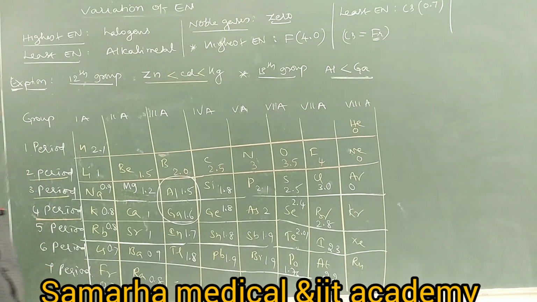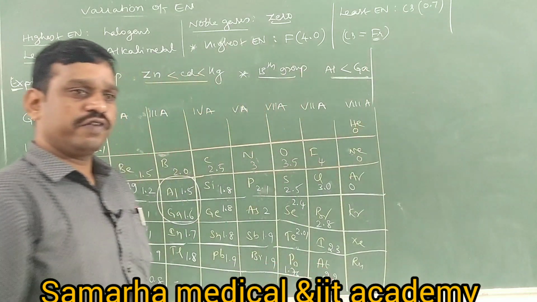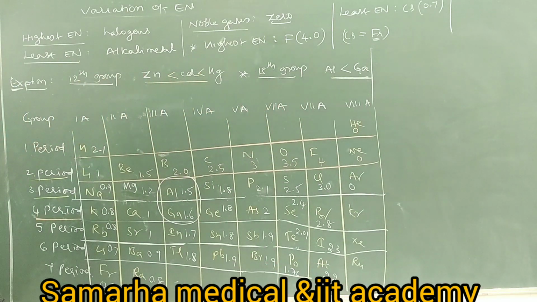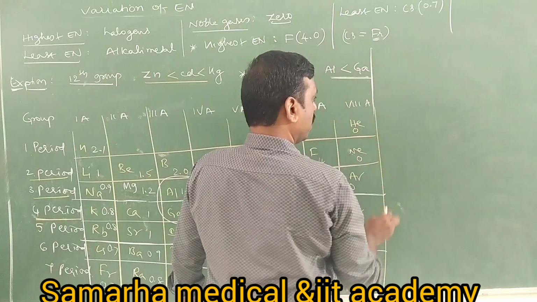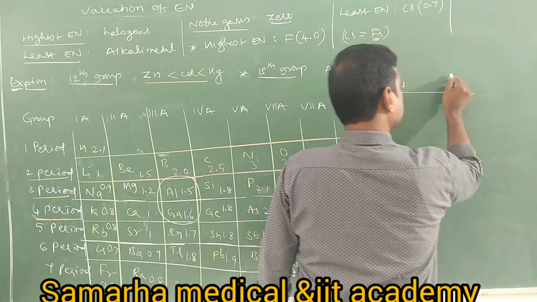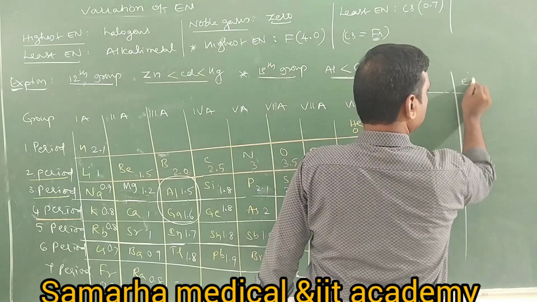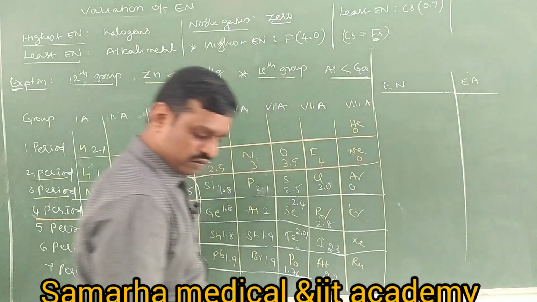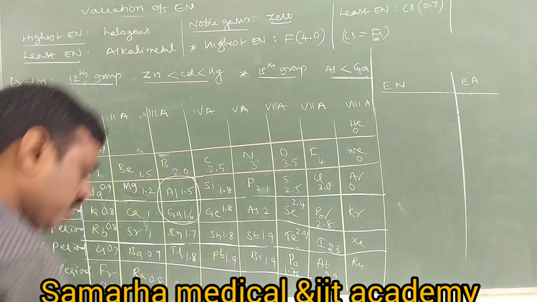Next, can you tell me the differences between electronegativity and electron affinity? We have studied both. What are the differences? The first difference: is electronegativity a property of an isolated atom or a combined atom?